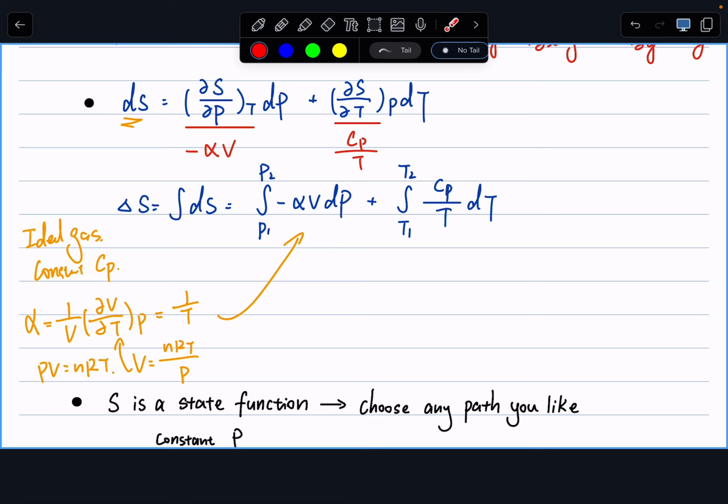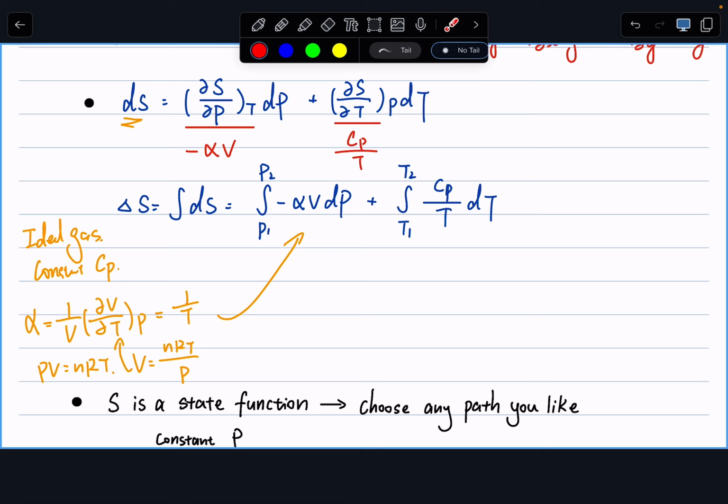So what we discussed before, let's assume we have something. I'm just going to use a PV diagram to indicate different thermodynamic states. Like if you have an initial state and you have a final state.